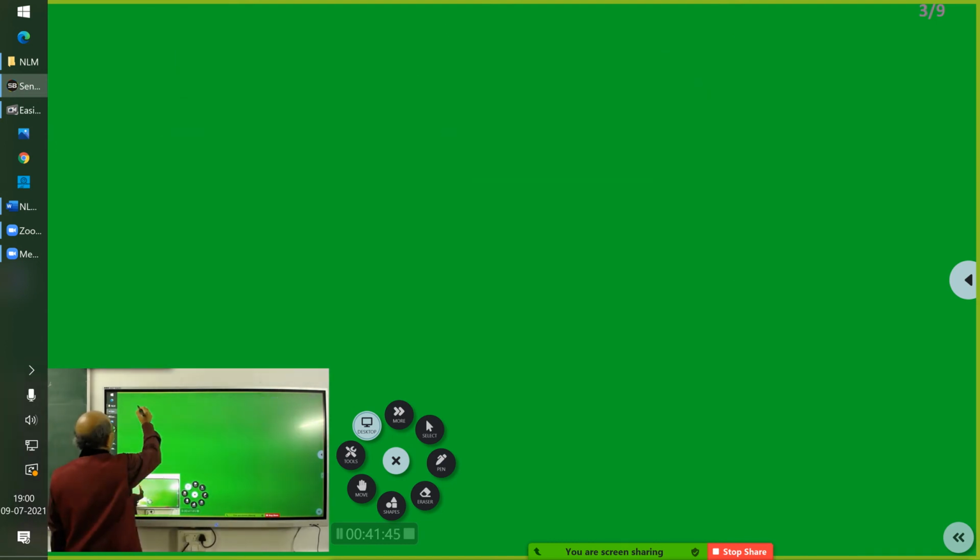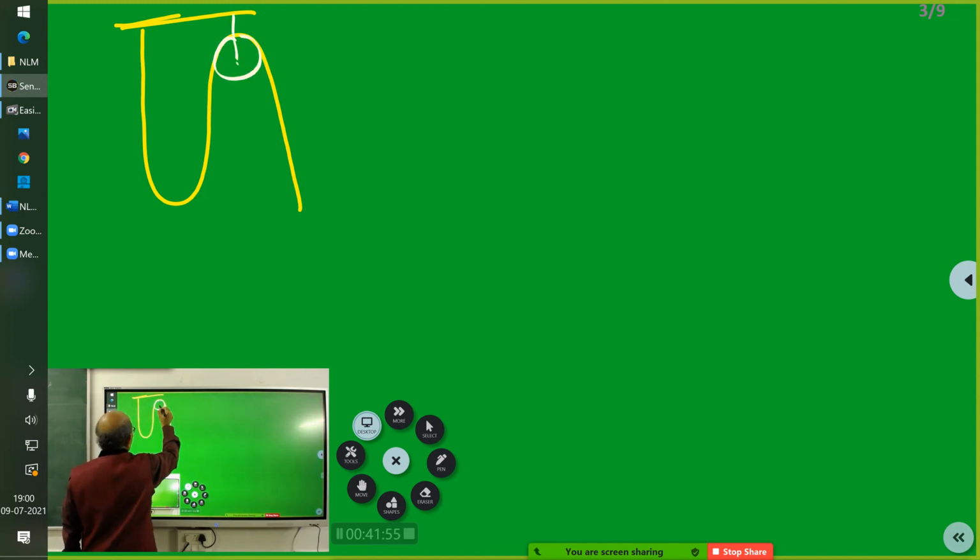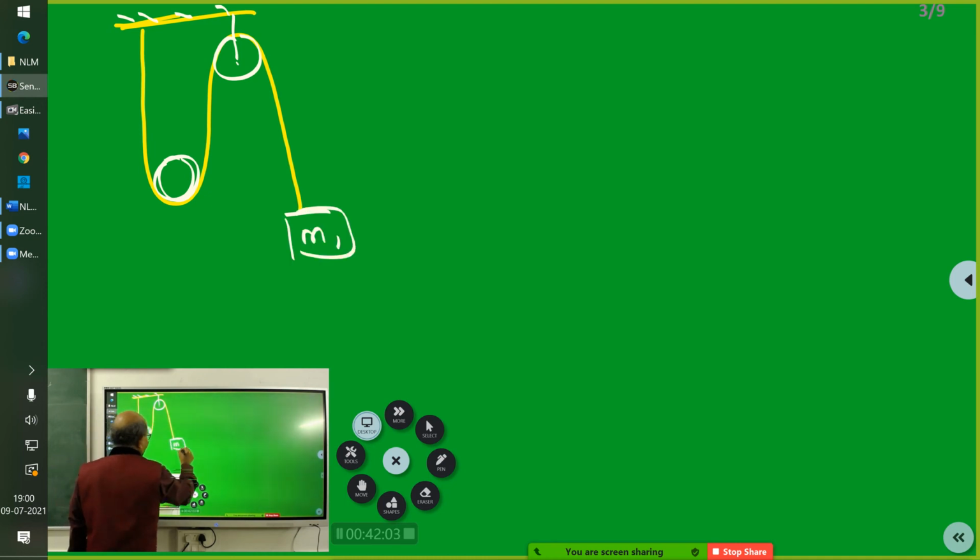If you remember the numerical problem that we solved, I had a pulley here, and a pulley here. This was M1, and here it was M2.